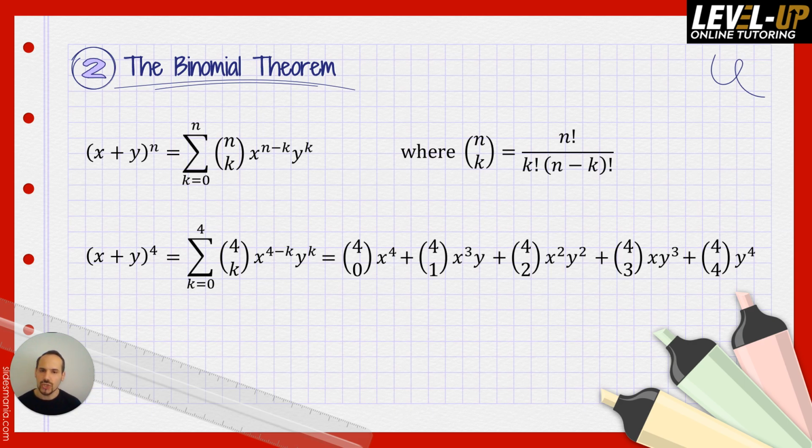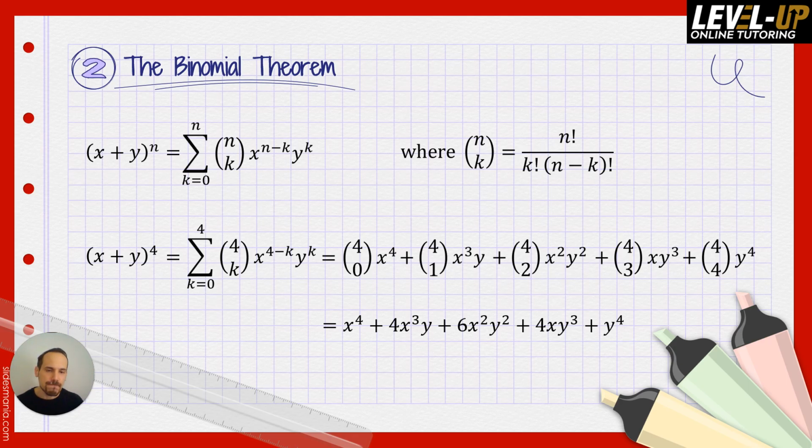We can calculate using this formula for the ways of choosing k things from n items, essentially. And you might remember from Pascal's triangle, these values should be 1, 4, 6, 4, 1. Well, if you try working this out using the combinations formula, you find you will get exactly those values. So it's an interesting application of combinations there.